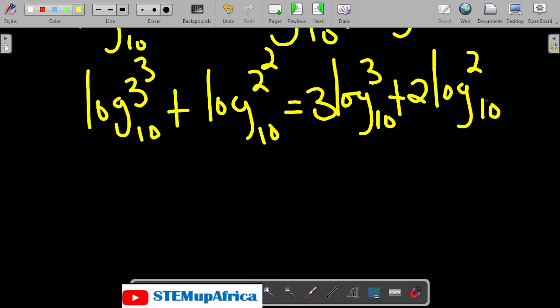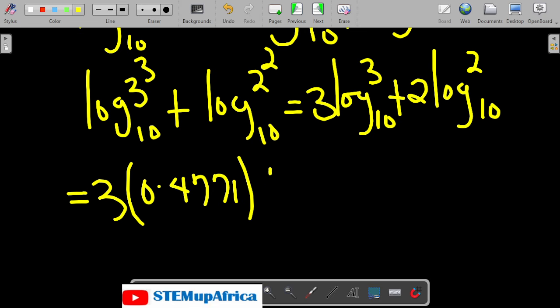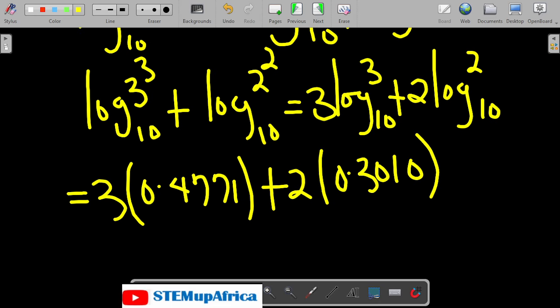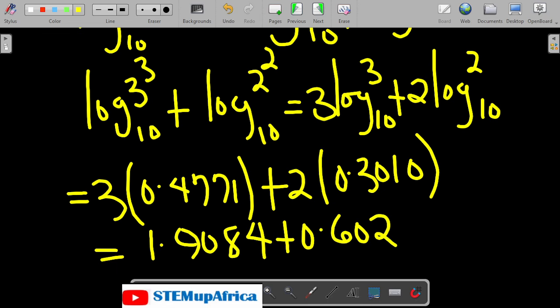So what are we having? 3 times log 3, which is given to us as 0.4771, plus 2 times 0.3010. So what am I having from here? 3 times 0.4771 is 1.4313 plus 0.6020.